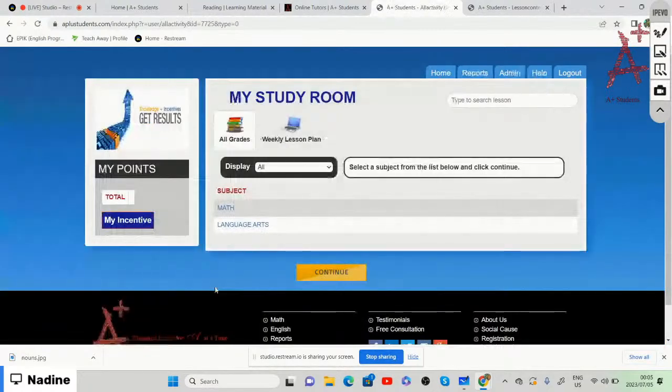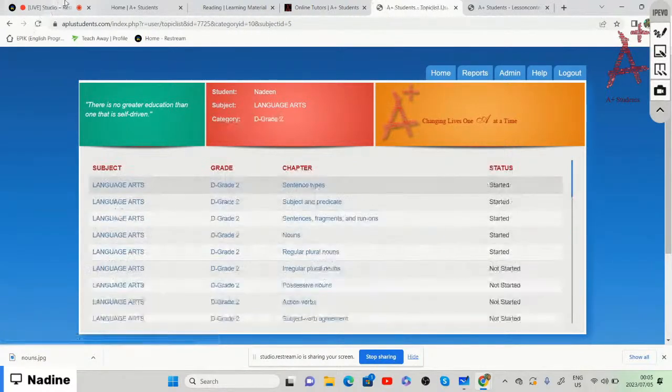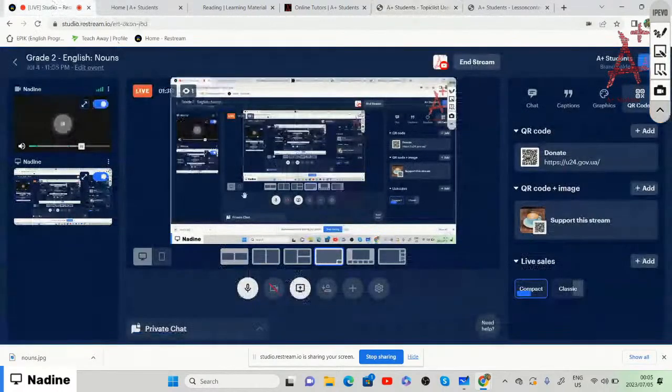Then you're going to select the subject of language arts because that is what we are doing. We are doing language arts, right? And then we're going to click on grade 2. So grade 2, language arts.